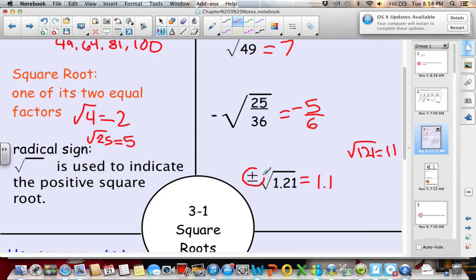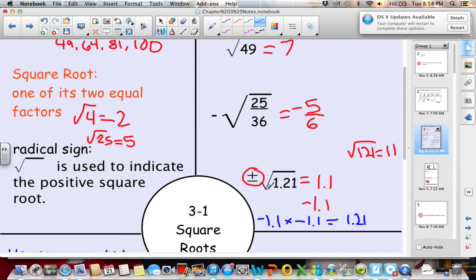The positive and negative square root of 1.21. Okay, so 1.1 squared is 1.21. Negative 1.1 is also an answer because if we think about it, negative 1.1 times negative 1.1, you get 1.21, because if we have a negative times a negative, we get a positive.